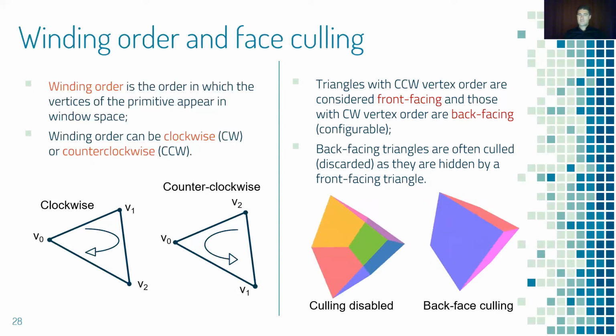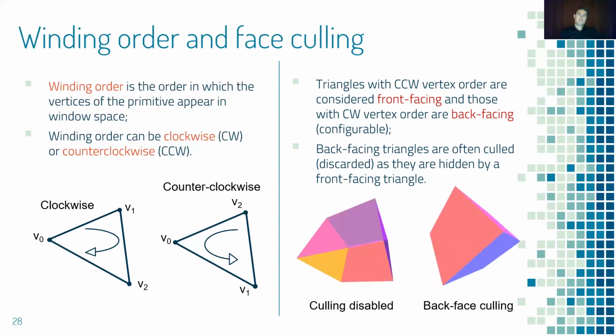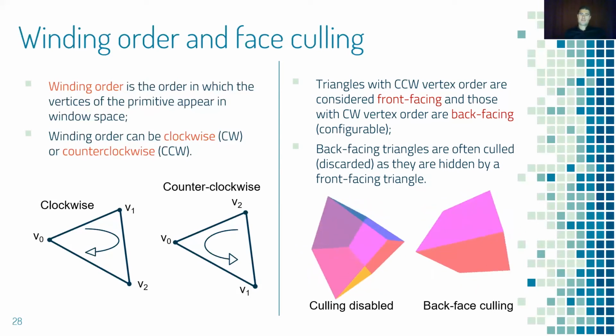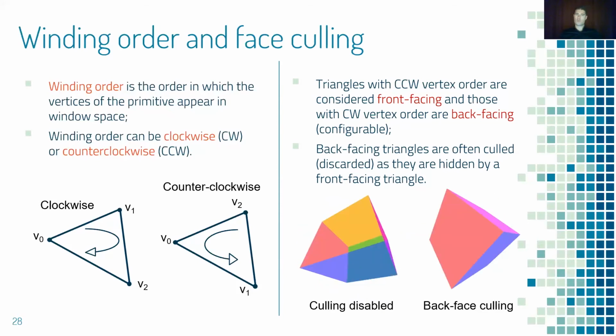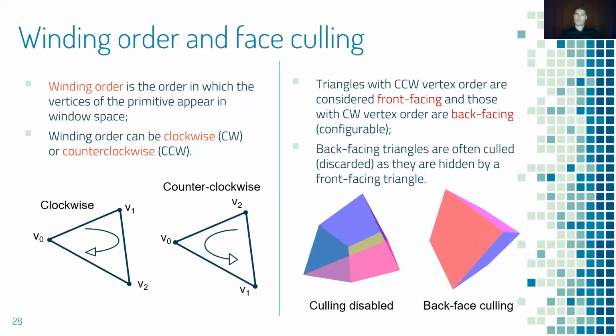Why is it important? Again, performance reasons. We don't want to draw something that is then hidden. That's just a waste of GPU resources. In most realistic applications, culling is enabled, and these hidden faces are thrown away, culled.